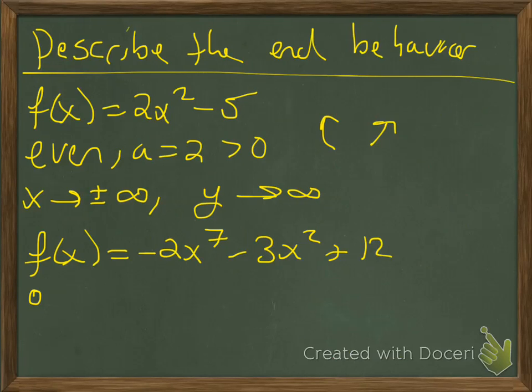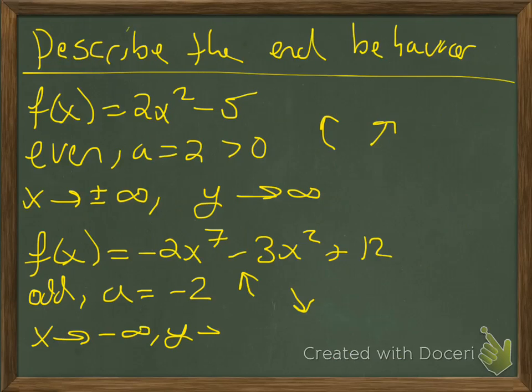Odd functions normally start low and end high, but it's a reflection, so it's going to start high and end low. So this is odd, a is negative 2, I'm going to start high and end low. As x goes to negative infinity, the y is going up. And then as x goes to positive infinity, y is going to negative infinity.